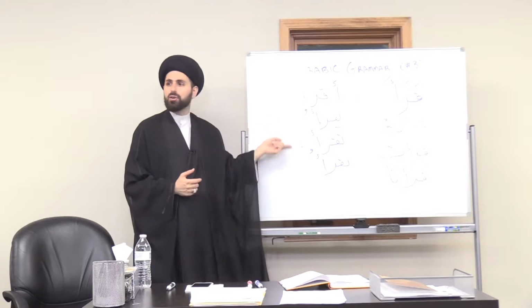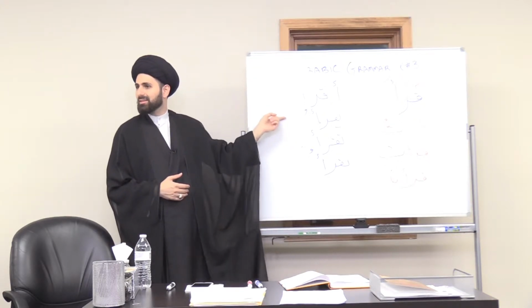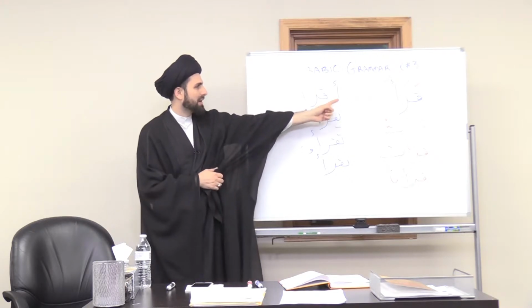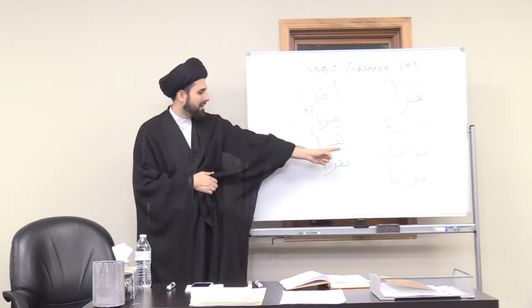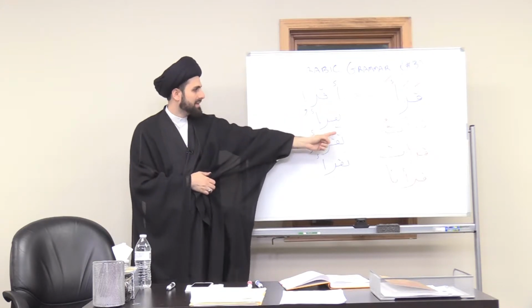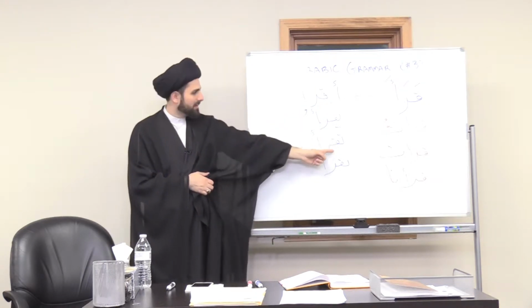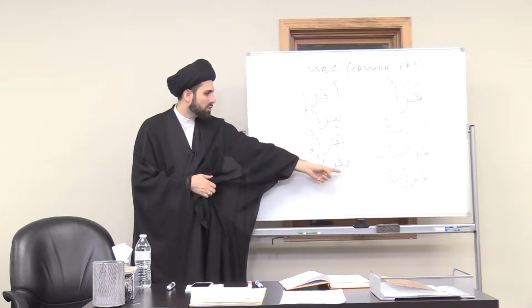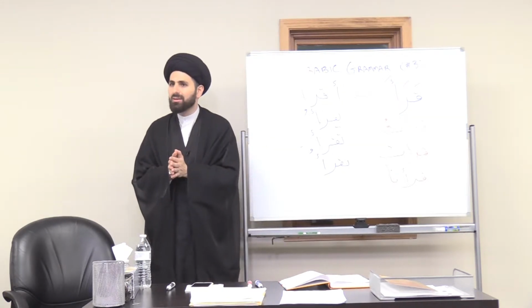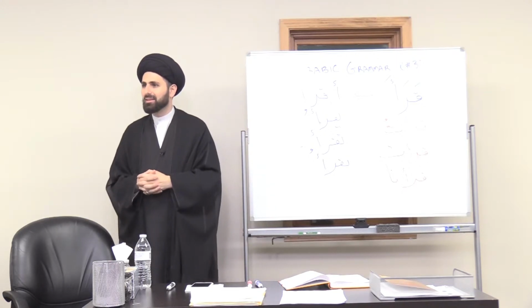Number two, where are you finding the pronouns? Beginning or the end of the word? Beginning, see? That's the pronoun: the alif, the ya, the ta, the noon. Alif for aqra'u, ya for yaqra'u, ta for taqra'u, noon for naqra'u. So you are finding the pronoun in the beginning of the word.